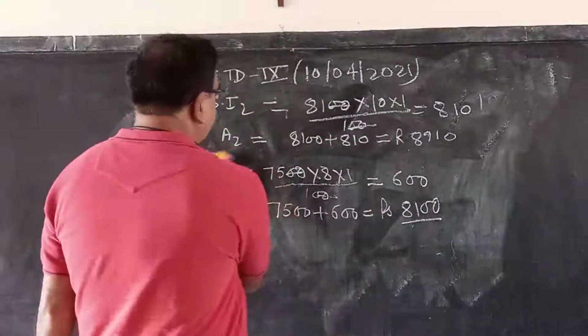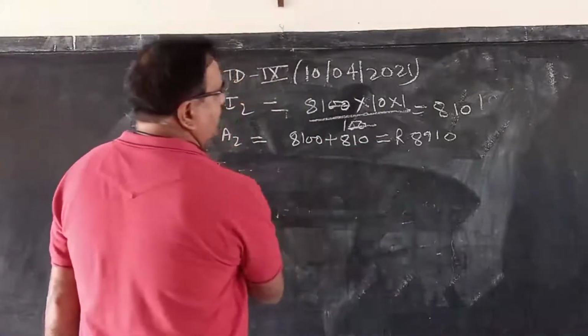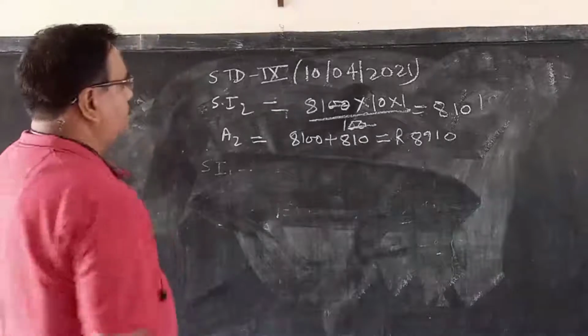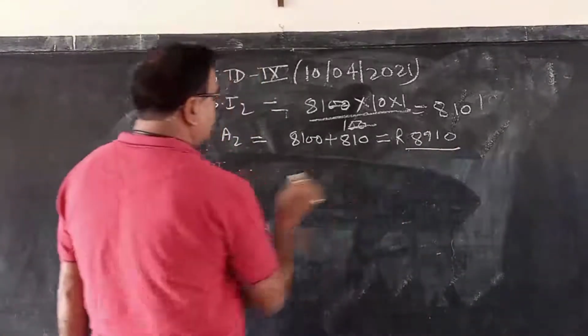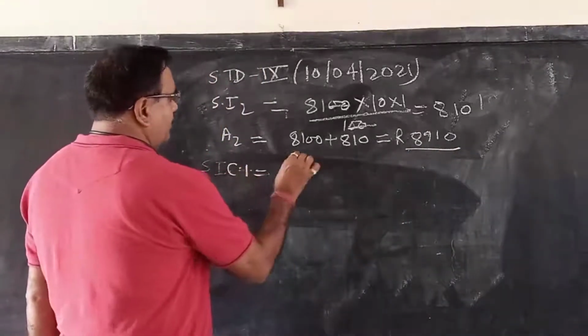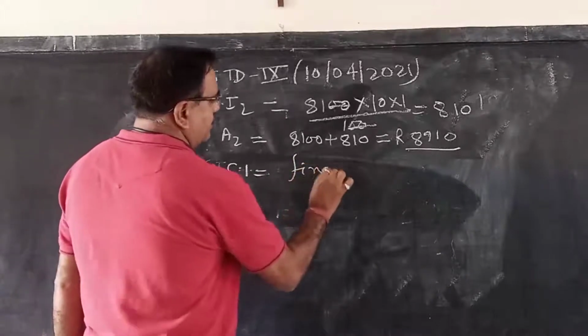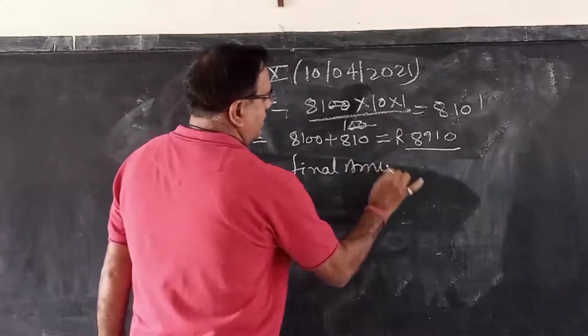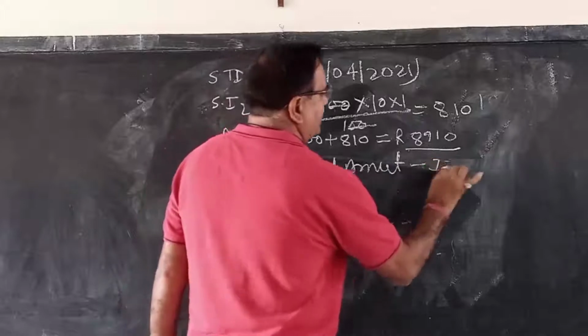Now we have to find the compound interest. So we have the amount. Compound interest is the final amount minus the initial principal.